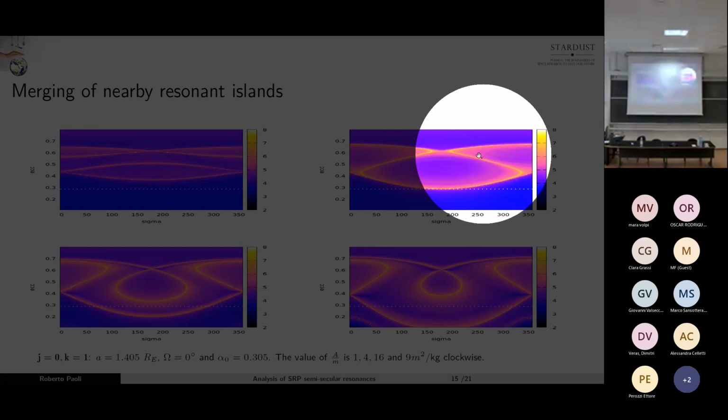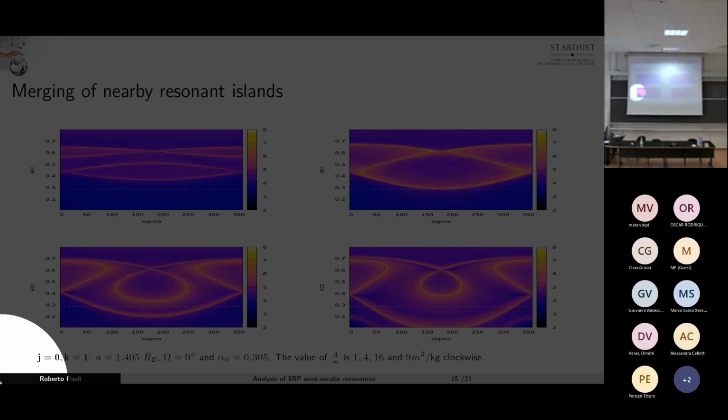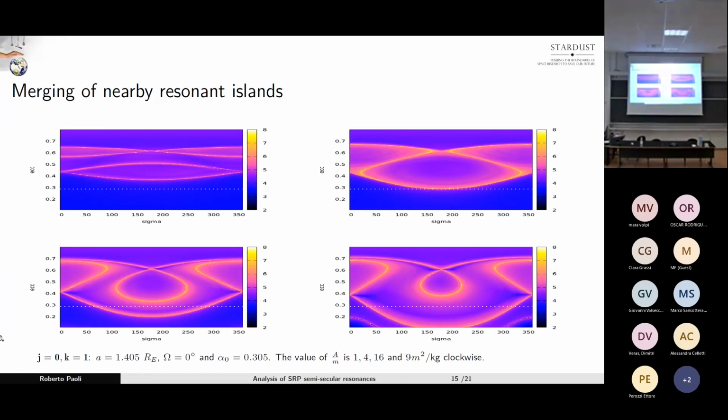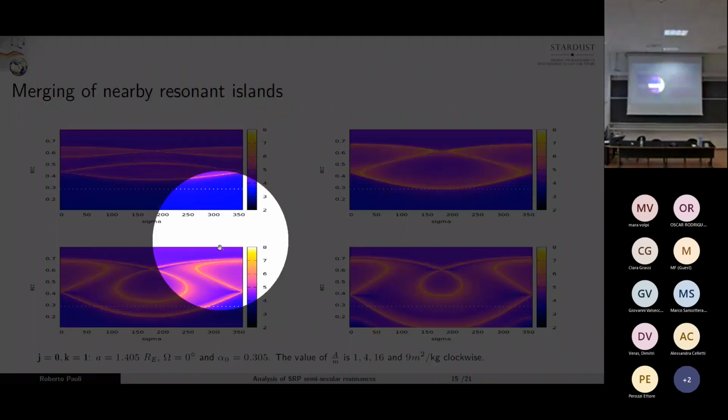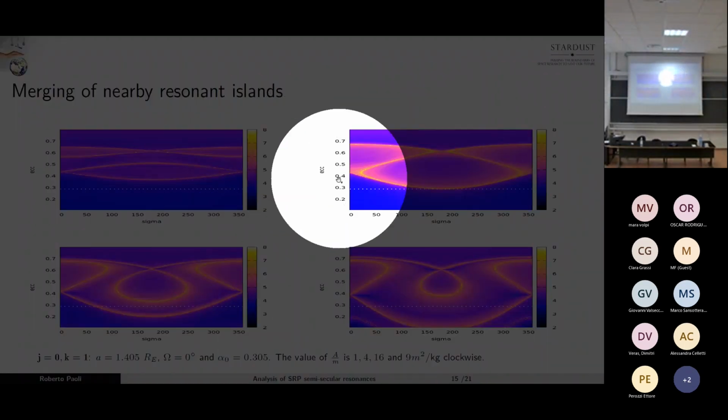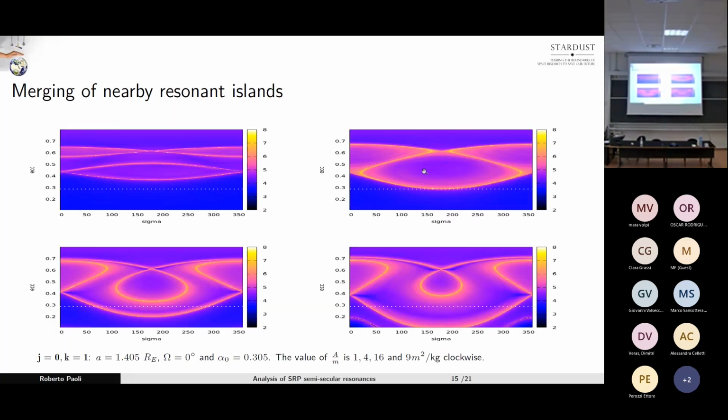In this situation, we have almost a subtle connection, where the unstable equilibrium points are almost connected by the separatrix, and increasing the value of the area-to-mass ratio, we obtain a phase portrait which is basically different from the one of the pendulum.